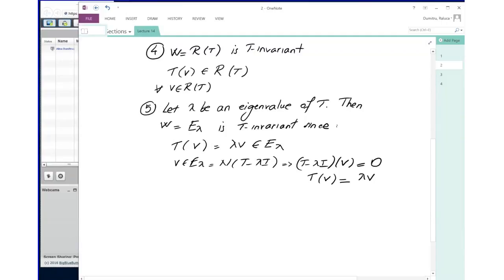Well, take an arbitrary vector in there. What does it look like? A1 x plus A2 T of x plus A3 T squared of x, plus so on, right? Just a linear combination of as many vectors as you want in there. But T is a linear transformation, so it behaves nicely with respect to linear combinations. So it's just going to go over right inside there.